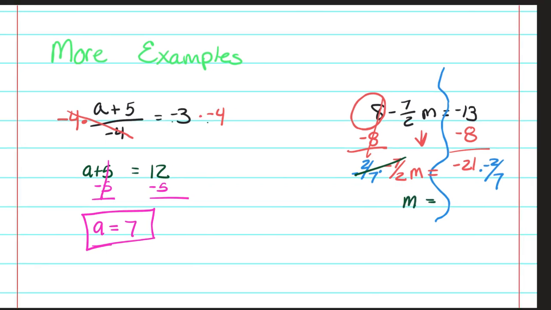And remember, I can make any number a fraction by putting it over 1. So negative 21 times negative 2 is 42. Because negative, negative, positive. So remember fractions, I times the numerator, get new numerator, times the denominator, get new denominator. 1 times 7 gives me 7. 7 goes into 42. How many times? The answer is it goes in 6 times. So m equals 6.